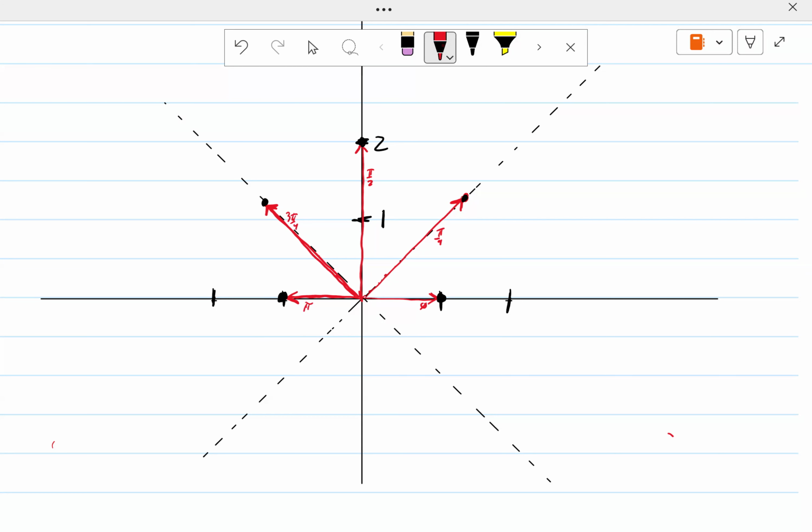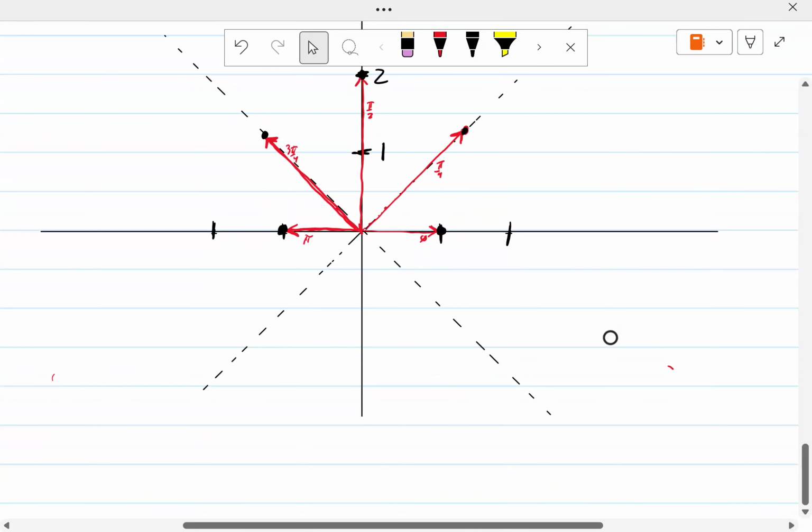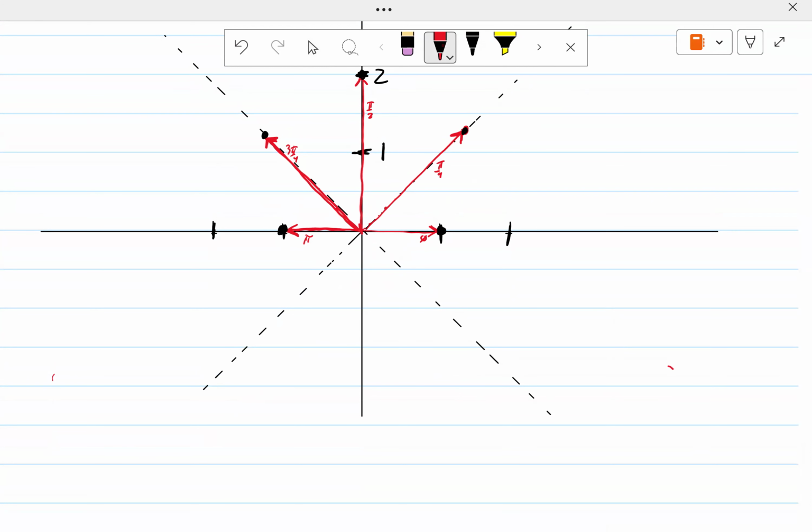Now let's look at 5 pi over 4. At 5 pi over 4, where were we at? Well, we're at 0.293. So that's about 1/3. If we think in terms of one unit, if we swung this down to 1 unit, that would be 1.